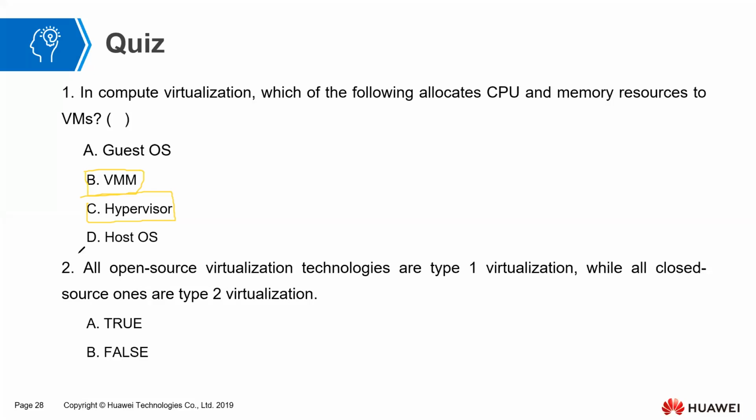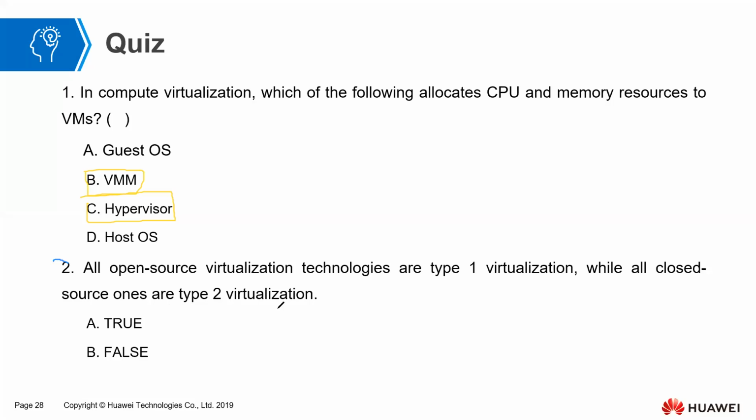So let us look at this question here. Number 2 is saying all open source virtualization technologies are type 1 virtualization, while all closed source... It is false. Why is it false? You are sure that all closed open source are type 1?